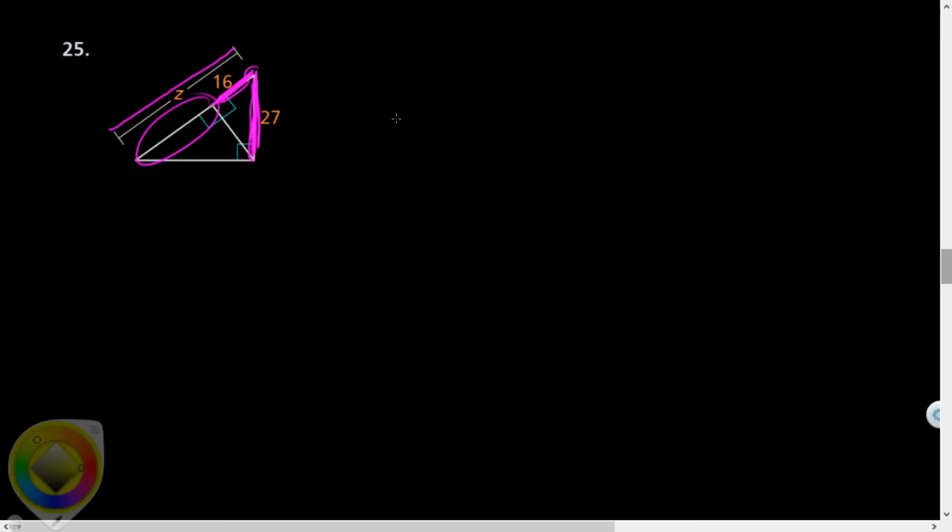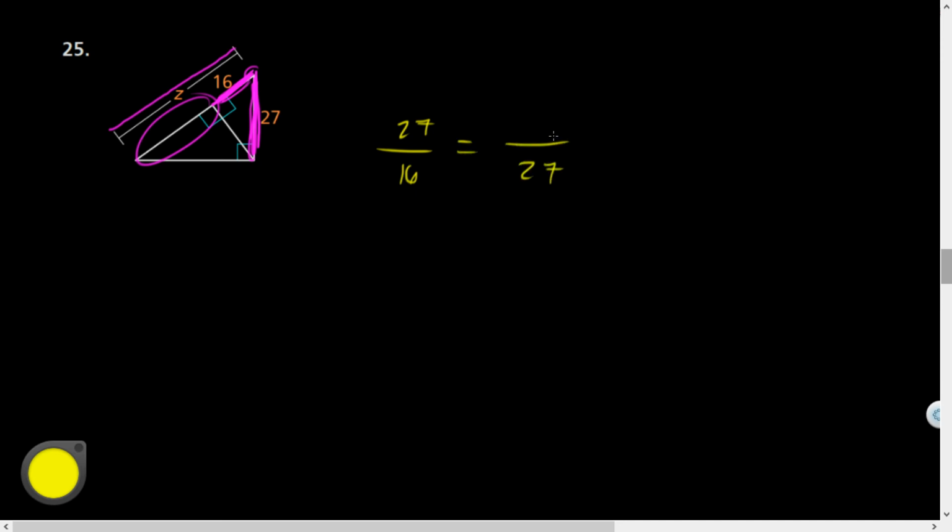So the setup would be 27 over 16 is going to equal... no, wait a minute, 16 over 27. I like setting it up little over bigger. So 16 over 27 would equal 27 over z, since 27 is the littler one of those two. Then we can cross multiply: 16z is equal to 27 squared.